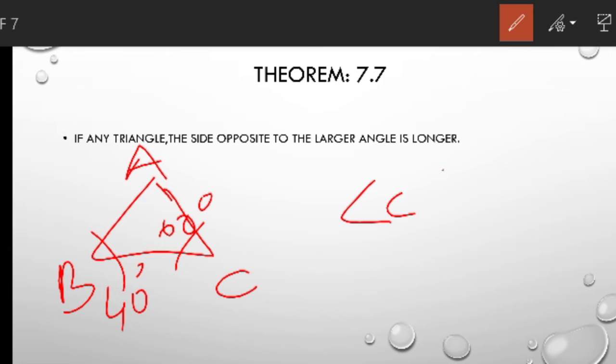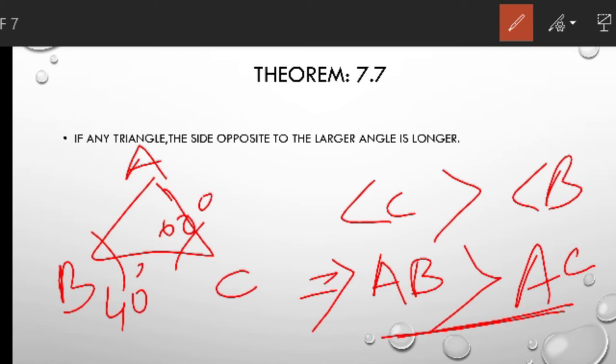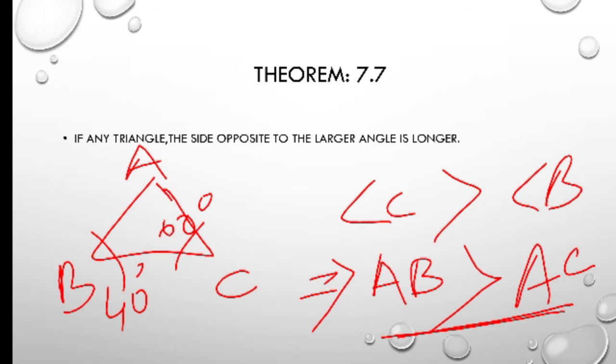So angle C is greater than angle B. This implies the opposite side of angle C, which is AB, will be greater than the opposite side of angle B, which is AC. So when the angles are unequal, the opposite sides will also be unequal. So we can say that Theorem 7.7 is the converse of Theorem 7.6. Now let us move on with the last theorem.